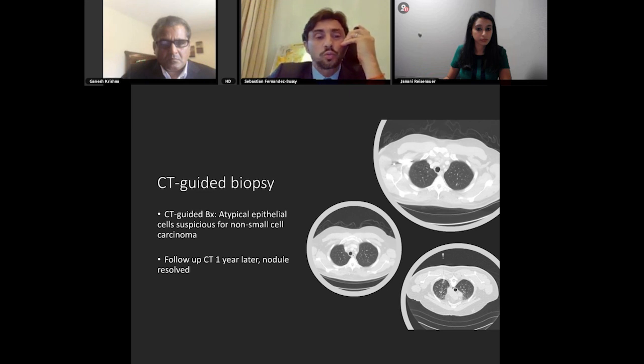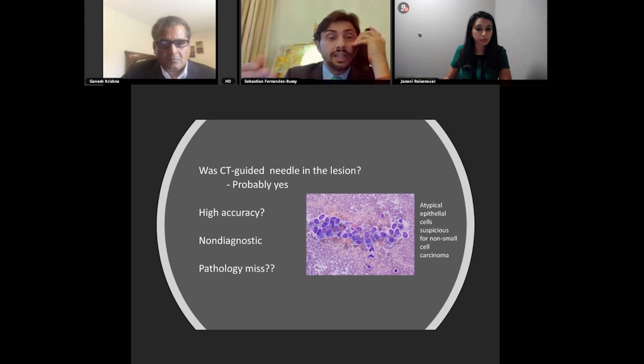They came back just 1 year later, and actually the CT scan showed that the nodule resolved completely. This is a CT-guided biopsy. So was the needle in the lesion? Well, yes, we did get suspicious for non-small cell lung cancer, but it was non-diagnostic, and the lesion resolved completely in a follow-up CT scan. So was this also a pathology miss?